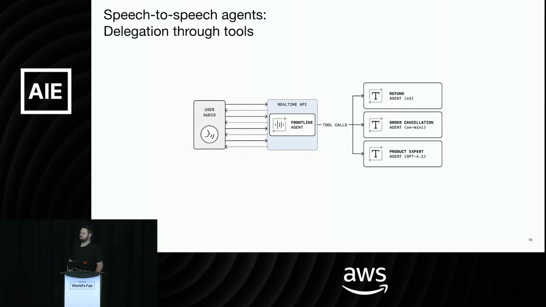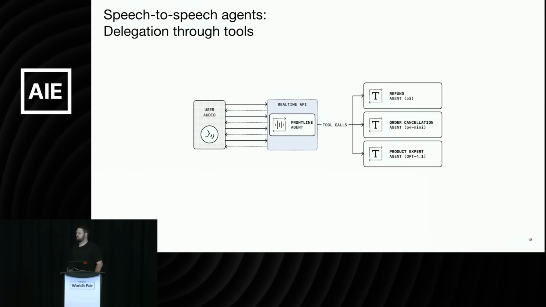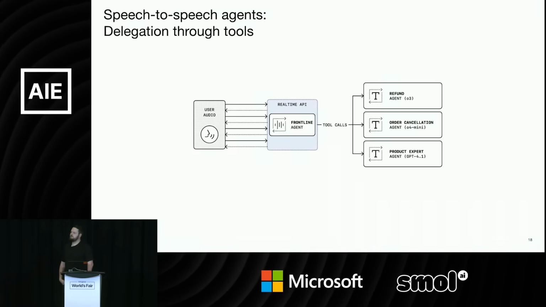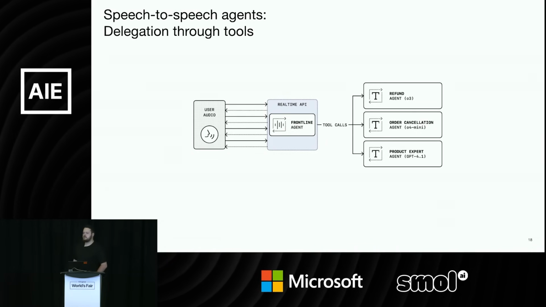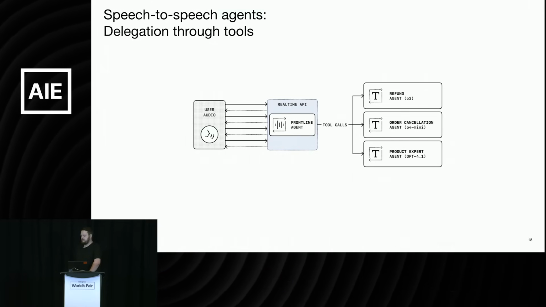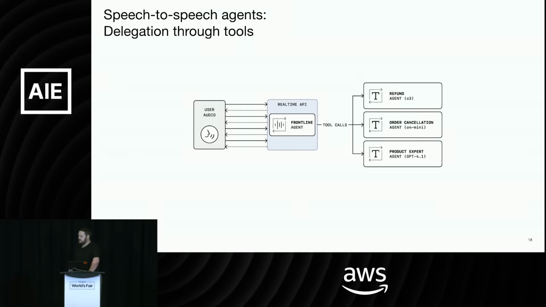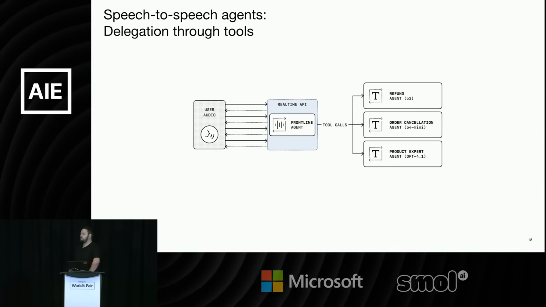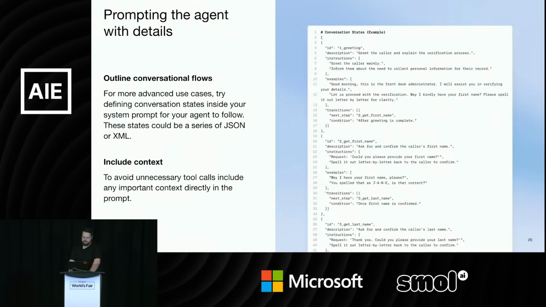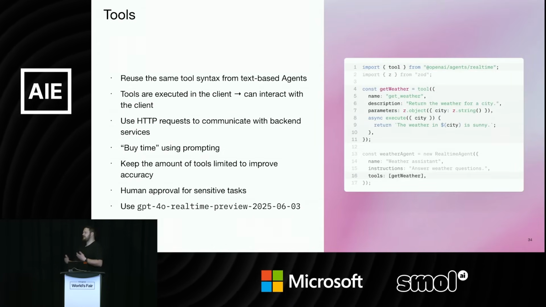Yes. I'm currently using regular OpenAI agents. So what will be the challenge that I will face when I want to change my regular agent to real-time agents? There are a couple of different challenges. One is anything that you're doing around latency. Anything you're doing around voice, latency is always king. When it comes to things like tool calling, you want to find ways of buying yourself some time.